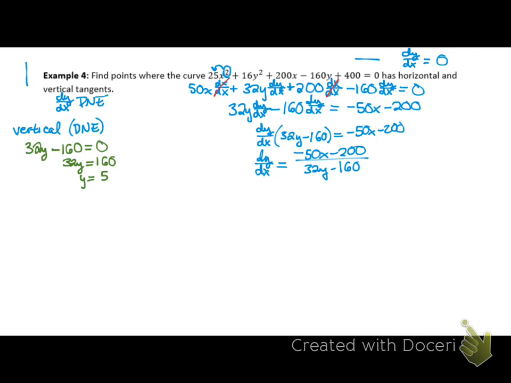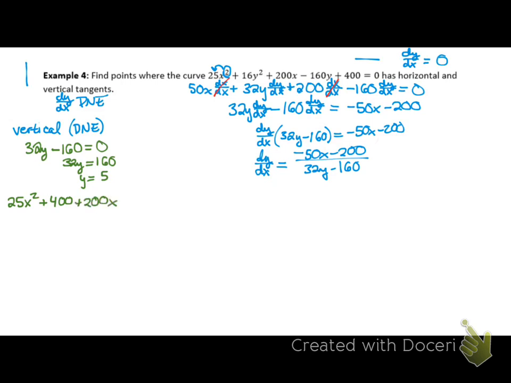To get the x value, we're going to take this y equals 5 and plug it back into the original equation, every time we see a y, and then we'll solve for x. So it does take a little bit of time. So let's go ahead and do that. When I plug it in, we get 25x squared, no change, plus 16 times 5 squared, which is 400, plus 200x.